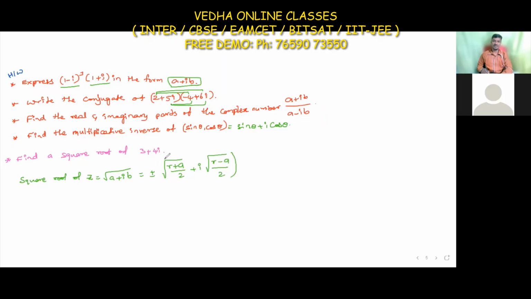This is the formula for finding the square root, where r equals the square root of a square plus b square.